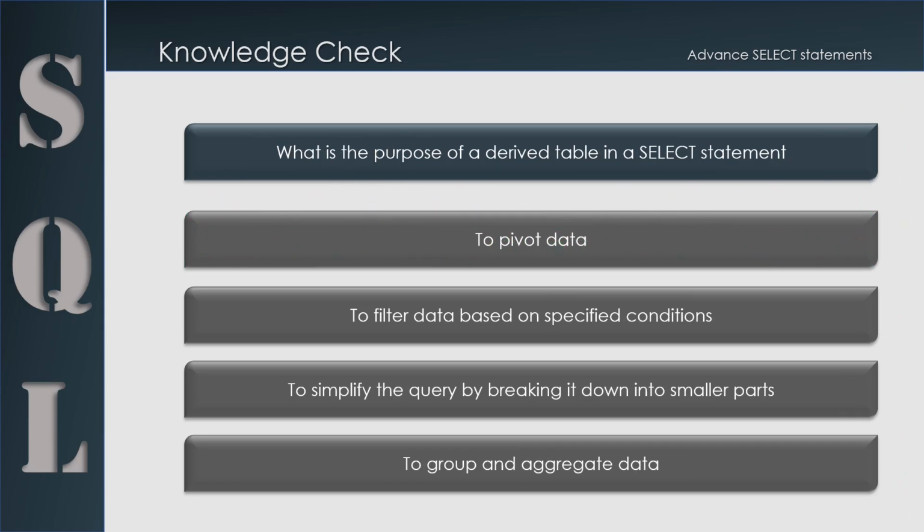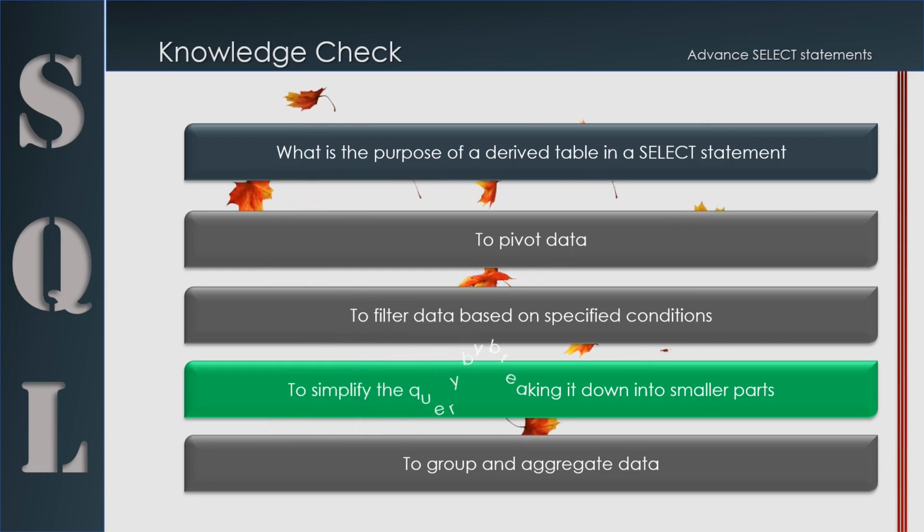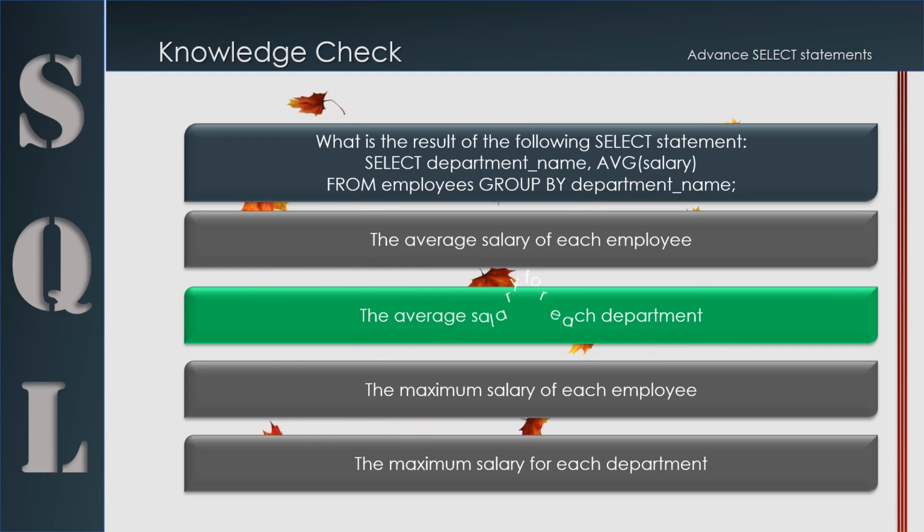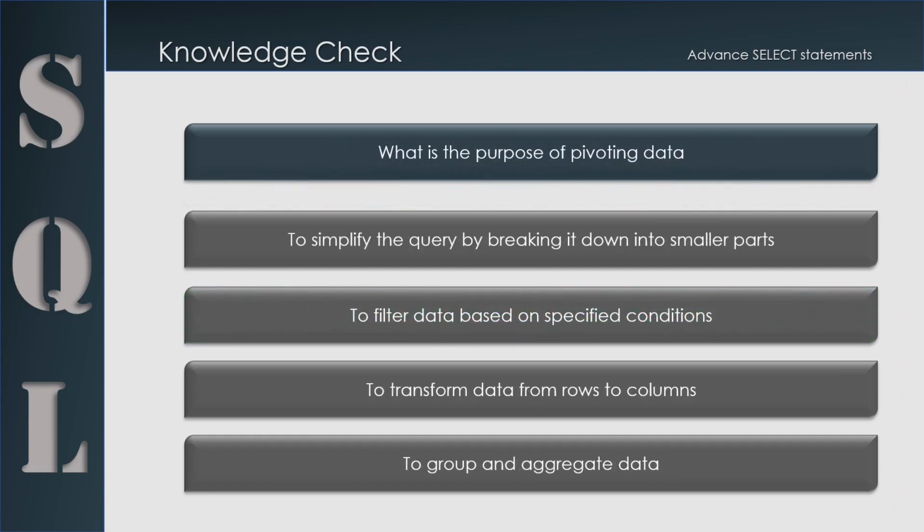What is the purpose of a derived table in a select statement? What is the result of the following select statement? What is the purpose of pivoting data?